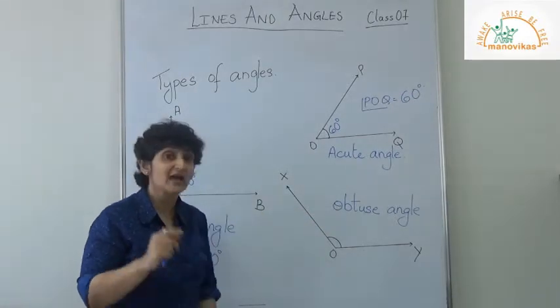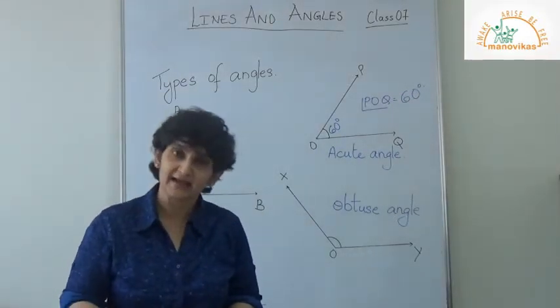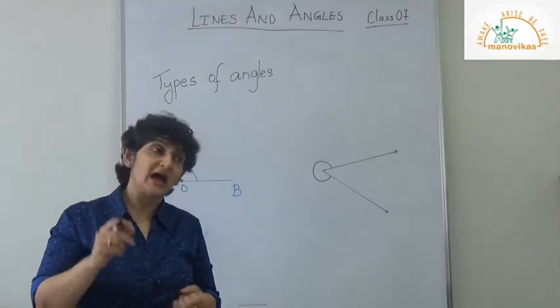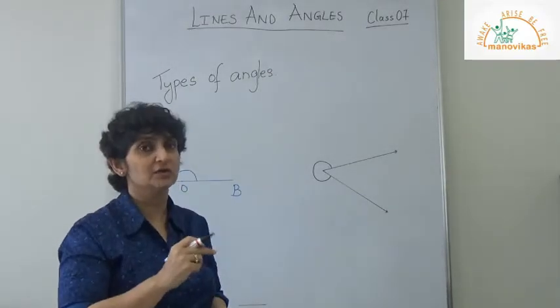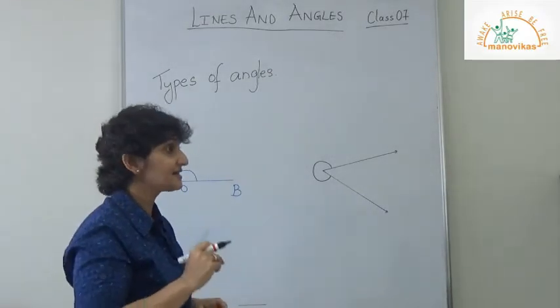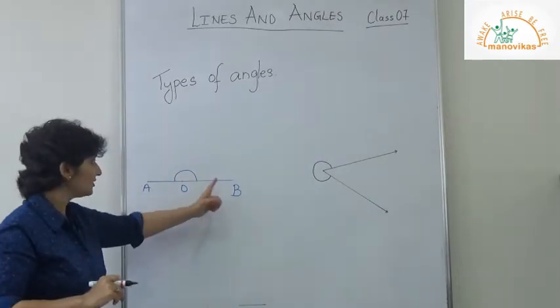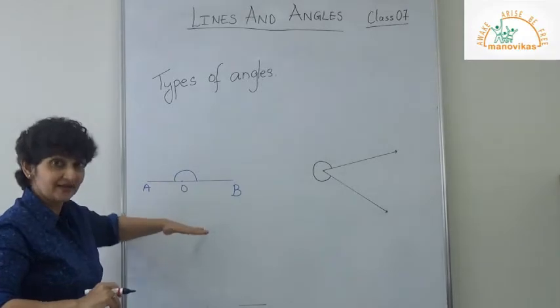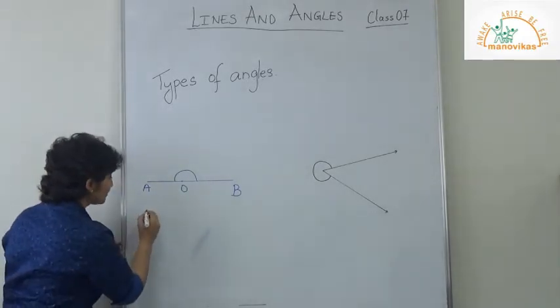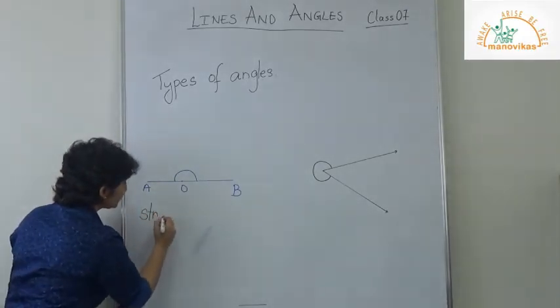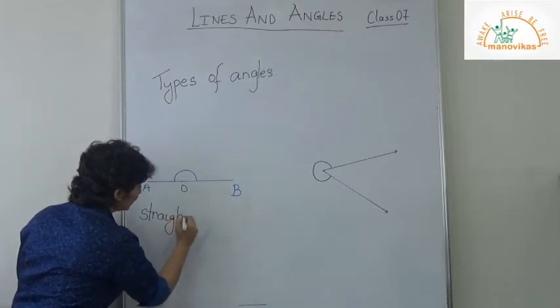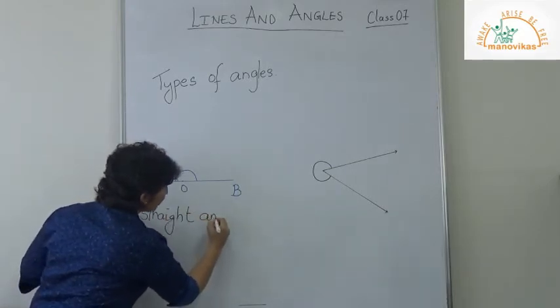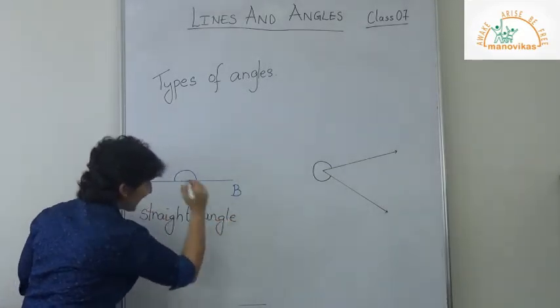So this is called an obtuse angle. Children, after acute, obtuse and right angle, let's come to this angle. Now, this is a straight line and this is also called your straight angle.